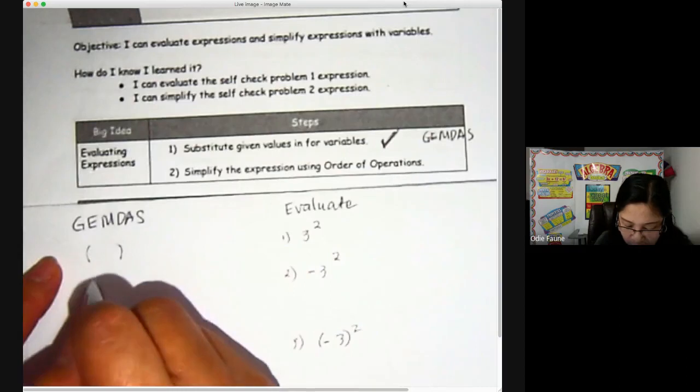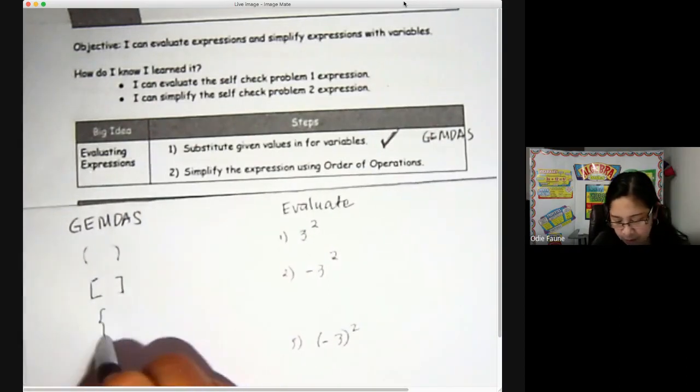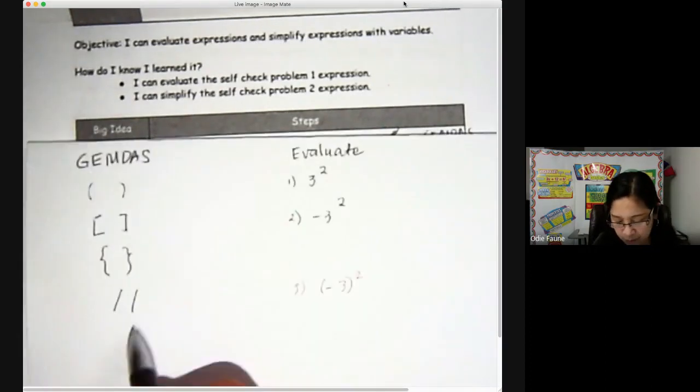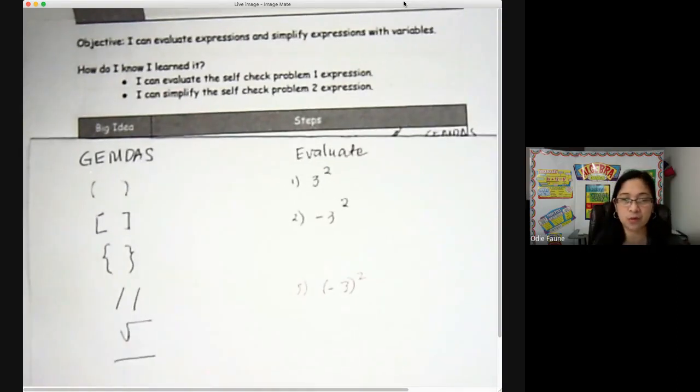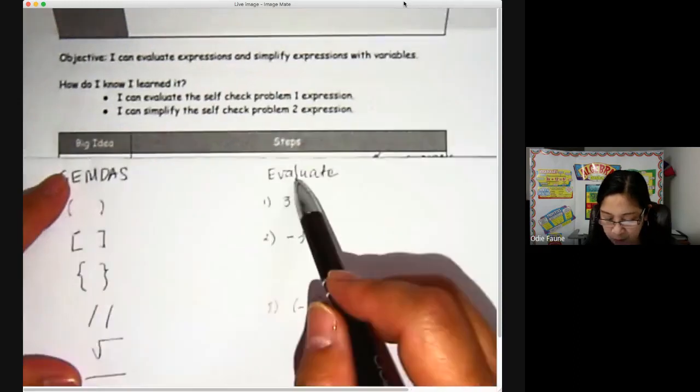And then look for the bracket, the brace, absolute value, the square root symbol, and the vinculum. The vinculum is the fraction line. Okay. Then we look for exponents.